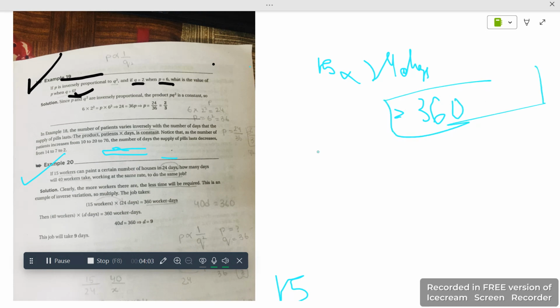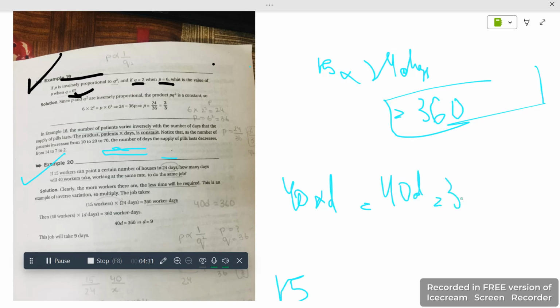But they've asked more, so you have to find the same rate, doing the same job with 40 workers. So 40 workers, we don't know the value of days, which means we'll write d. When you multiply 40 into d, you get 40d, which is equal to this 360.